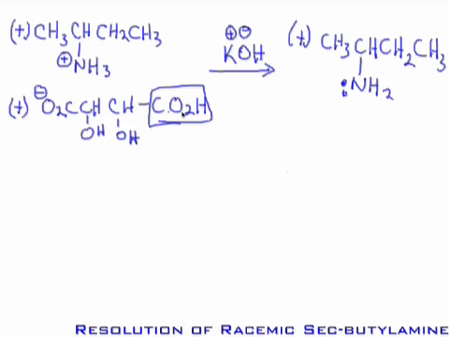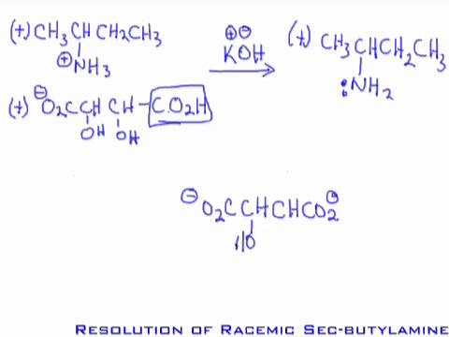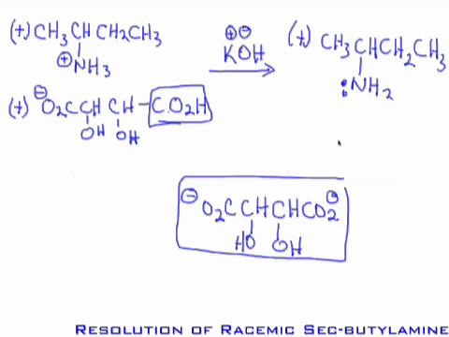The base, because it deprotonates this guy, will give you CO2 minus, CH, CH, CO2 minus, the deprotonated version of tartaric acid. So if you use excess base, you get this. Now this can be recovered. Okay, you can separate them by crystallization.